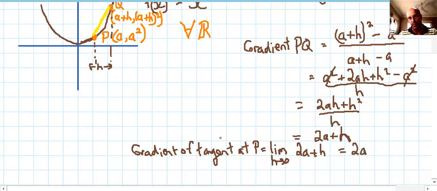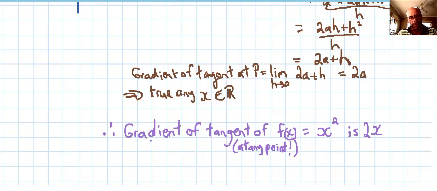Now a is just some general real number, so this implies that it would be true for any real value of x. And so therefore the gradient of the tangent for the curve f of x equals x squared is 2x at any point, because you can change a in the above example to whatever you like.